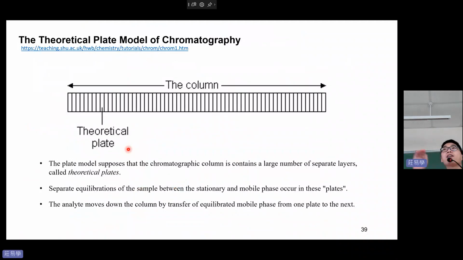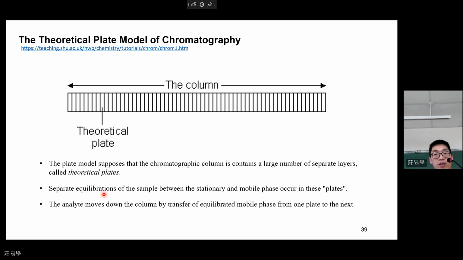So the concept behind the theory is that the plate model supposes the chromatographic column contains a large number of separate layers. We call them separate plates.